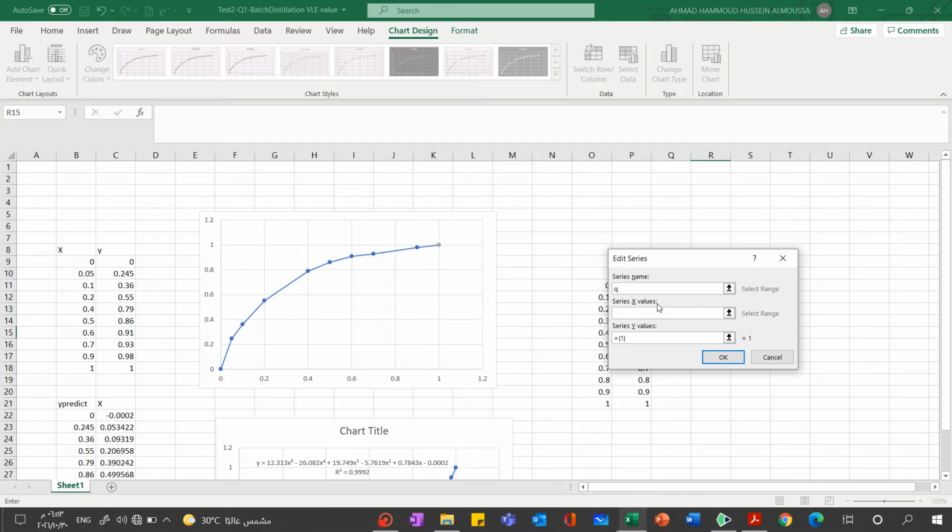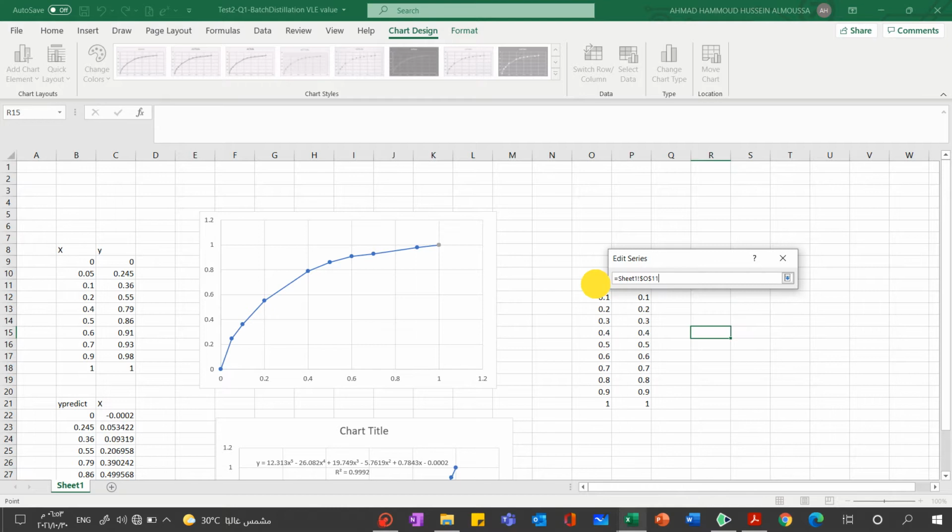The X value is the same, no matter if you choose the left or the right values.